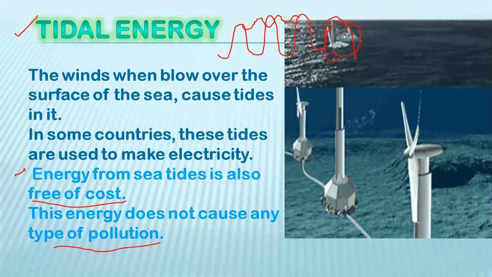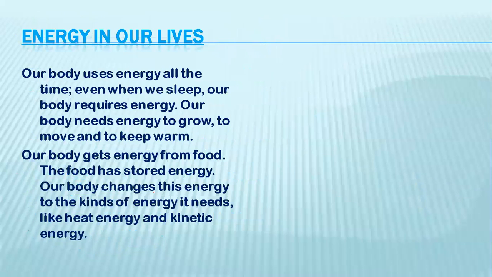So all these renewable energy sources are free of cost, and there is no pollution by using these types of energies. So they are very, very helpful for any country. Now, in place of fossil fuels, lots of countries are going to produce electricity or any type of energy by using these renewable energy sources, because they can be renewed and made again and again.